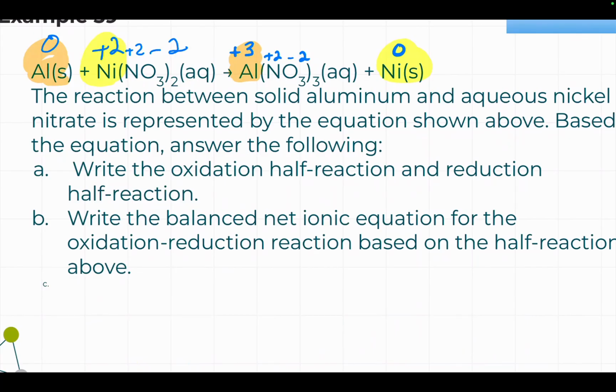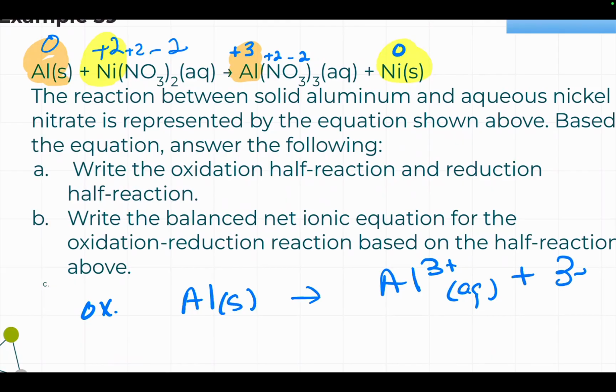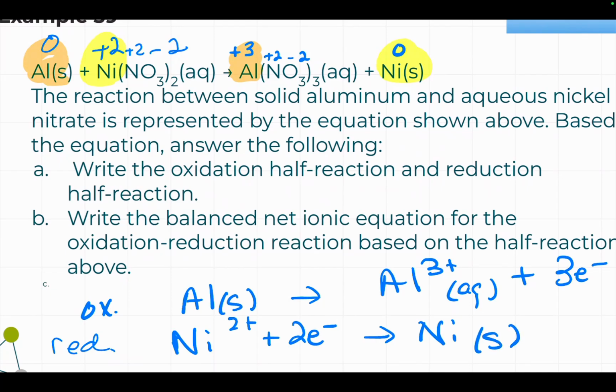So write the oxidation half reaction. That would be the aluminum becoming aluminum plus 3, and then 3 electrons. And then the nickel is the reduction half reaction: nickel plus 2 plus 2 electrons will make it into nickel solid.